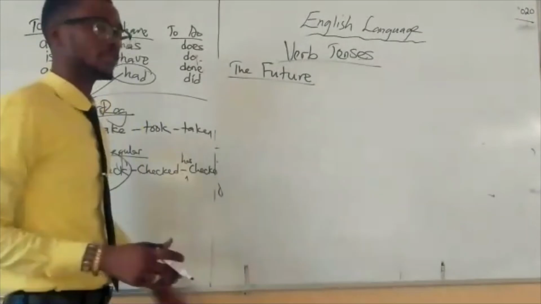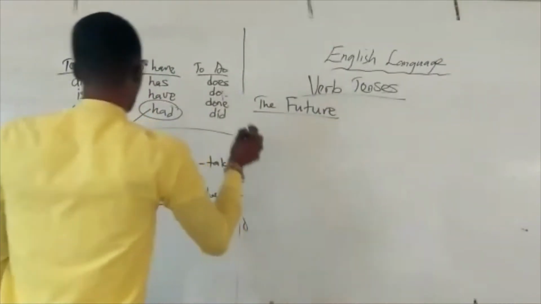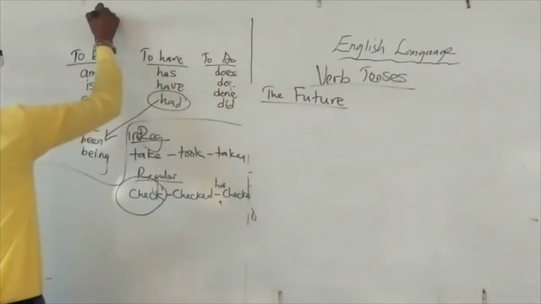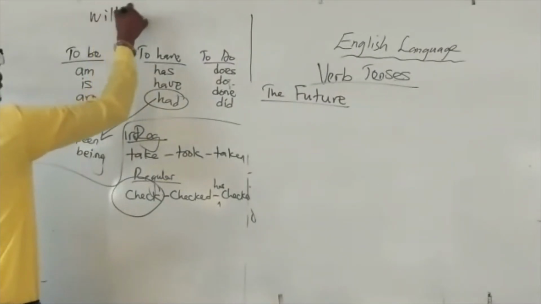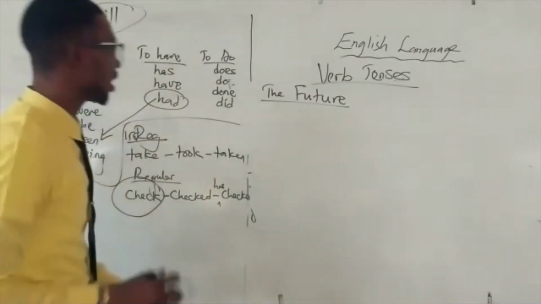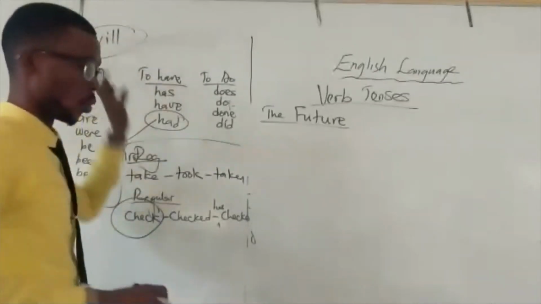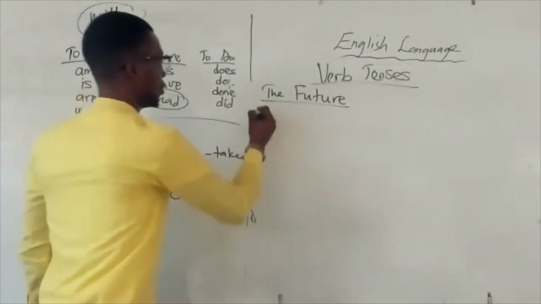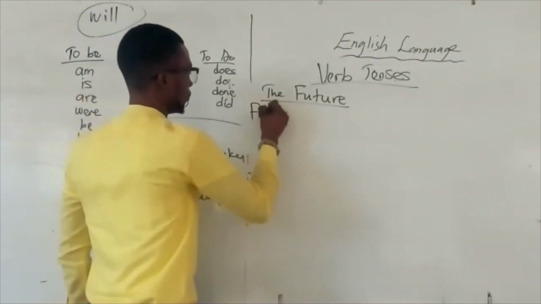Now, in order to form the future tense, we are going to examine the use of will. Okay? We need the verb will. Now, we have the future simple tense.